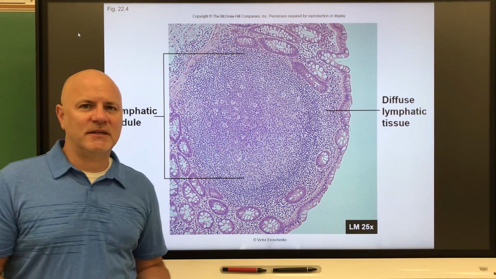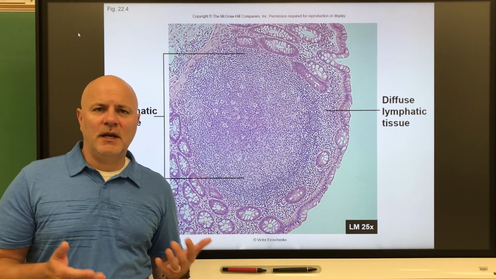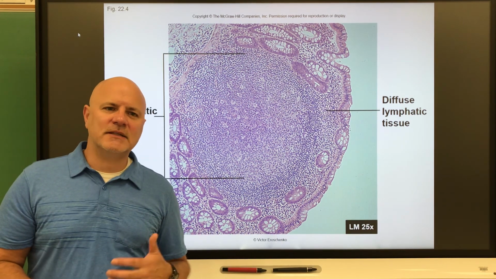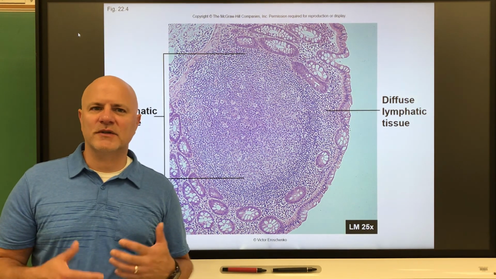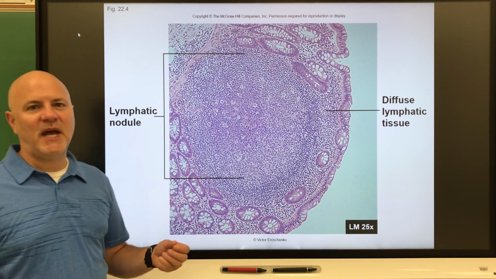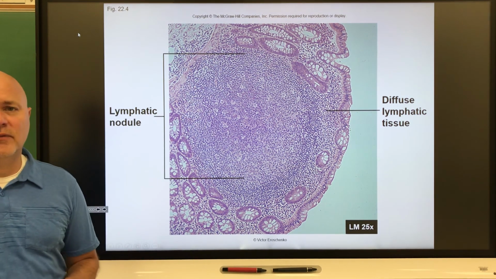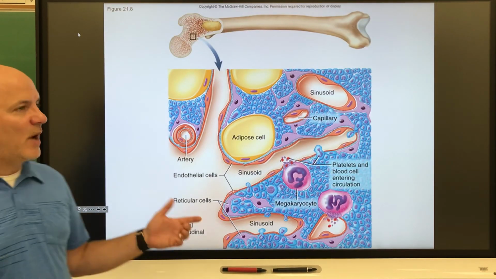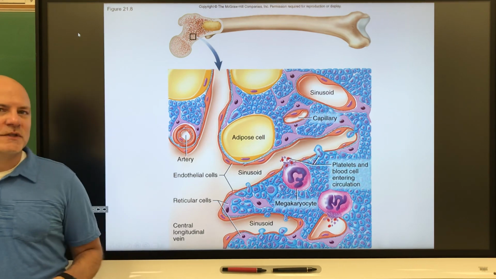We have a lot of bacteria in our large intestine, our colon, and it's fine there. But if that bacteria gets into our small intestine, it can create some problems for us. So towards the end of our small intestine, we have a lot more of these Peyer's patches to help kill off this bacteria that's just in the wrong place. Lastly is red bone marrow. Red bone marrow produces the white blood cells.